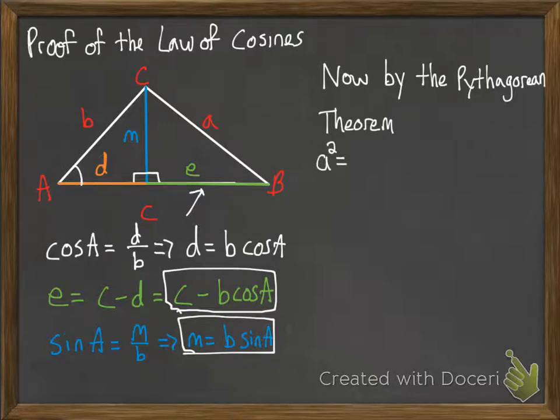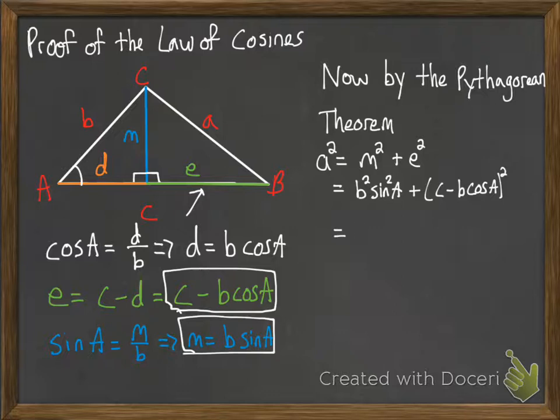A squared would be equal to M squared plus E squared. Now we know that M is B sine of A, so when you square that, you'll get B squared sine squared of A. And then E is C minus B cosine of A, so it would be C minus B cosine of A, all squared.